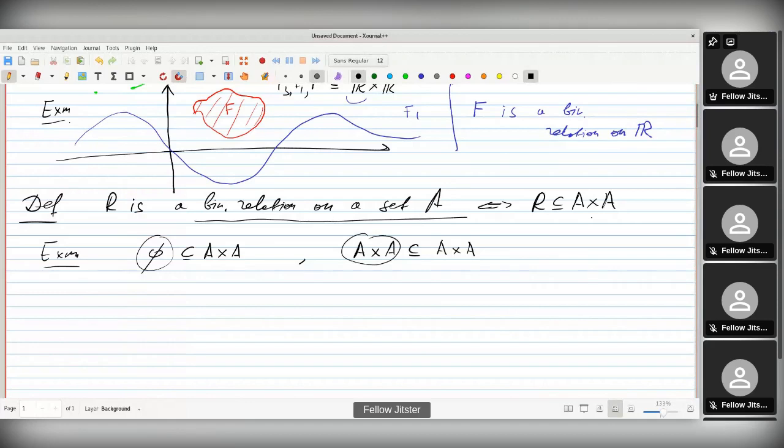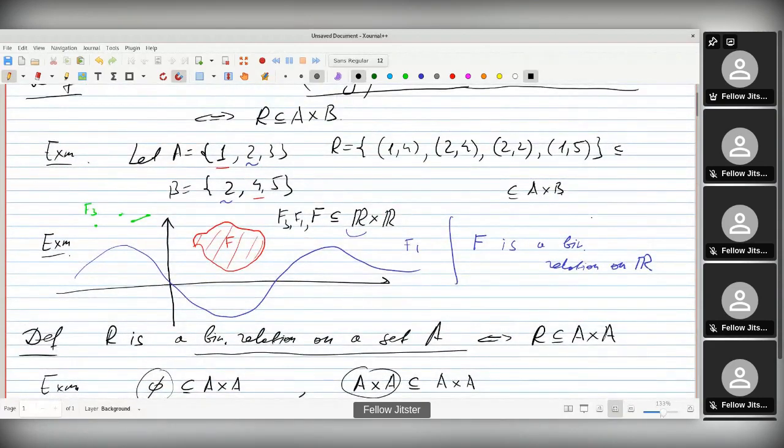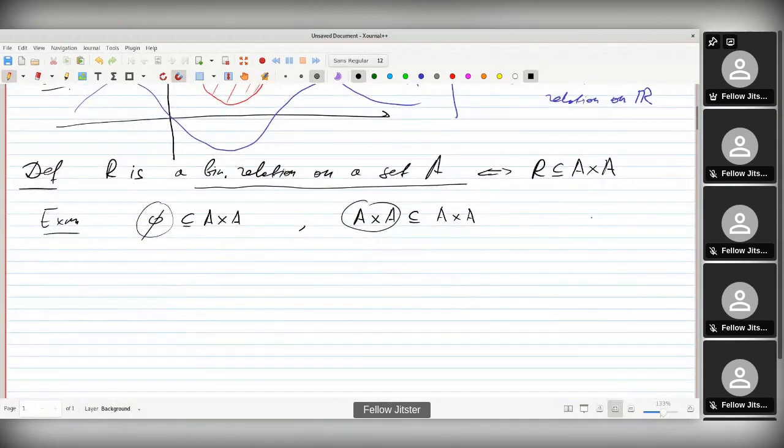Why not? And also, in the case when A and B are identical, in the case of binary relations on a set, we have something special. We have the important identity relation. I say that the identity relation of a set A is, what is it?